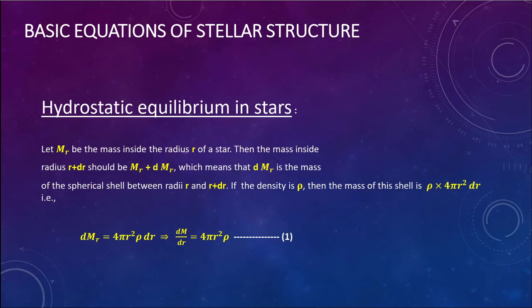This means that dM(r) is the mass of the shell between r and r plus dr, with thickness dr. If rho is the density at radius r, then the mass of the shell would be rho multiplied by 4 pi r squared into dr. This implies that the mass dM(r) will be equal to 4 pi r squared rho dr. From this we get that dM by dr is equal to 4 pi r squared rho.